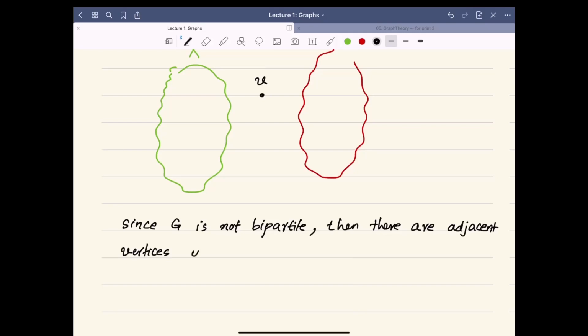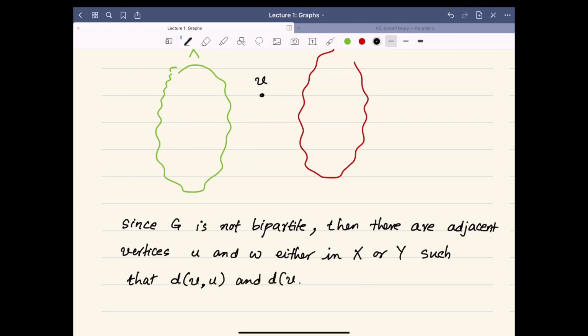Let us give them a label U and W, either in X or in Y, such that the distance from V to U and the distance from V to W have the same parity. Now when we say parity, it means odd and even.